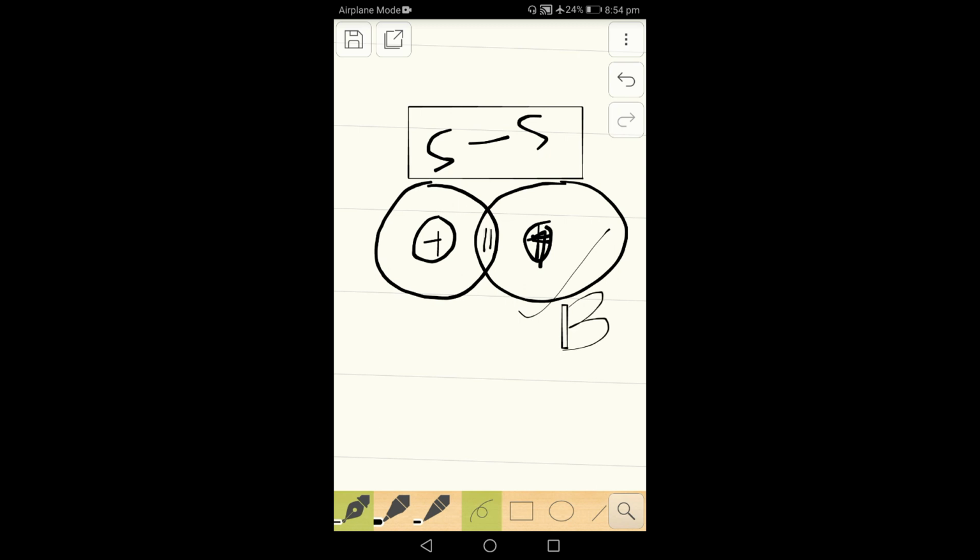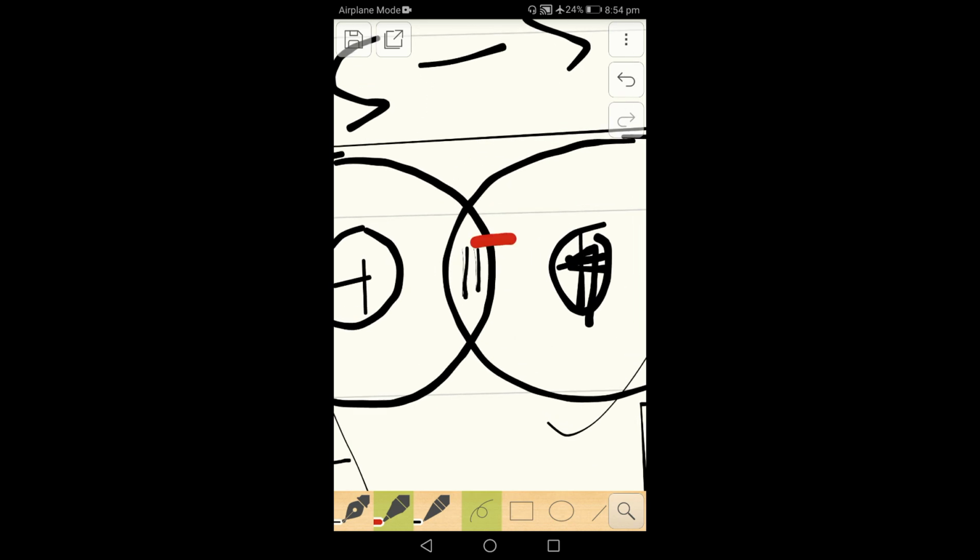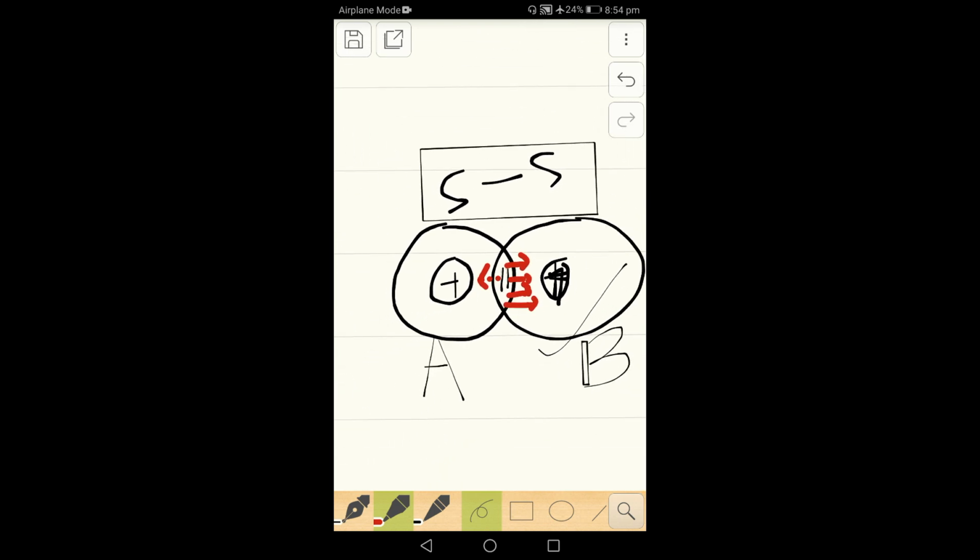I'm calling it atom B. This is atom A. So atom B has a very high electronegativity compared to atom A. So these electrons are extremely attracted by atom B rather than atom A, which exerts a very weak attraction force.